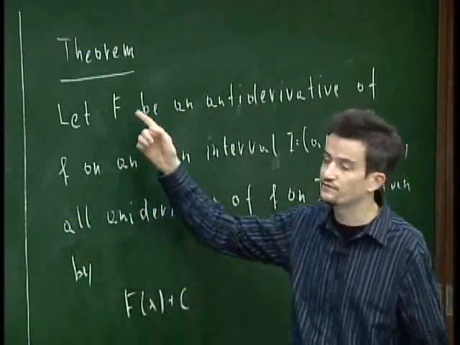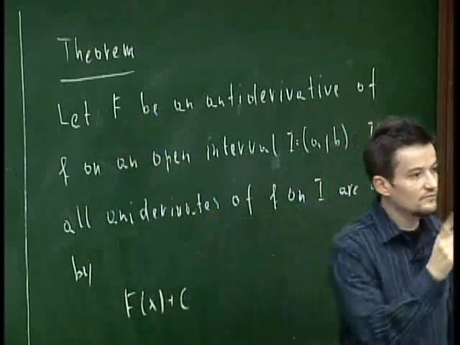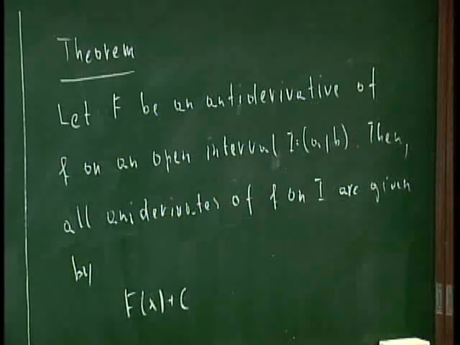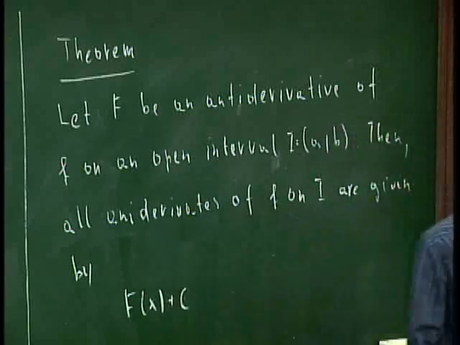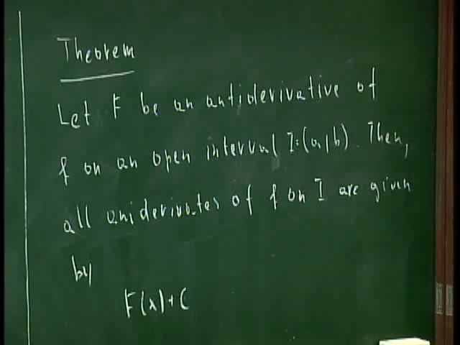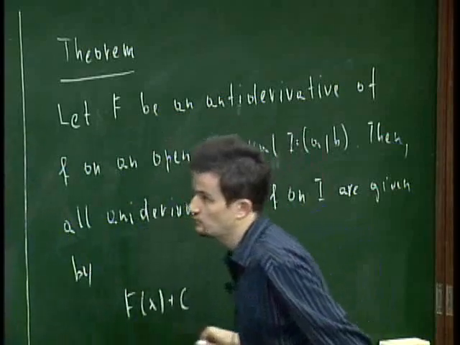It doesn't tell you how to find this one, and what is a more serious problem, it doesn't help you identify which functions small f indeed do have antiderivatives. But this reduces the task for us now to guessing.